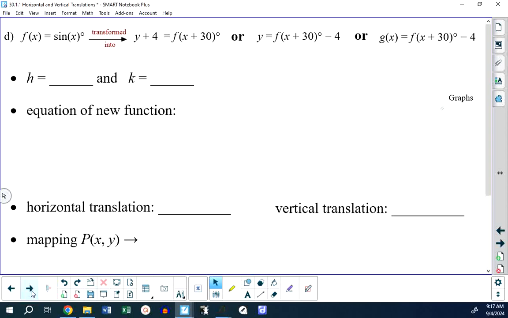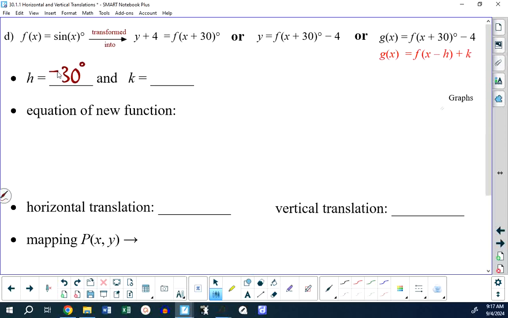If I go from y equals f of x, which is sine of x, to g of x equals f of x plus 30 and then minus 4, I think it's pretty clear that h is negative 30 degrees.